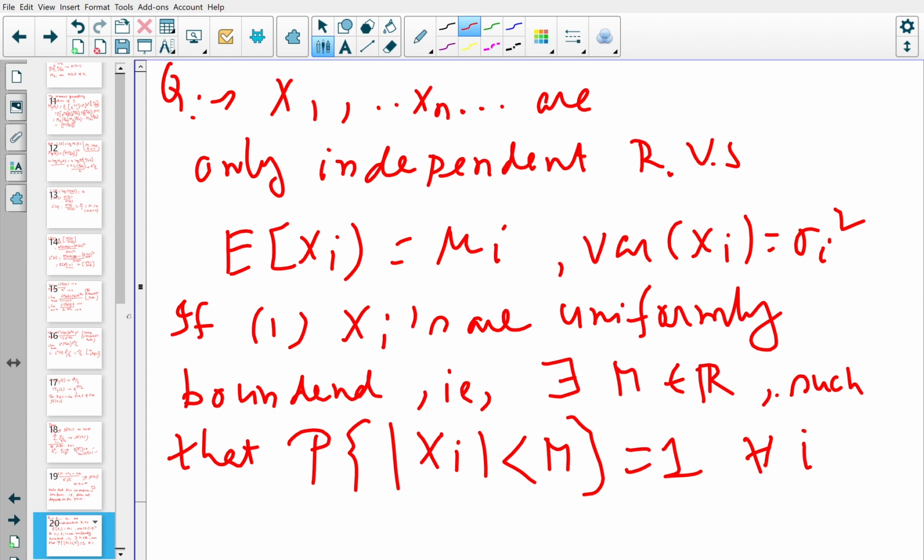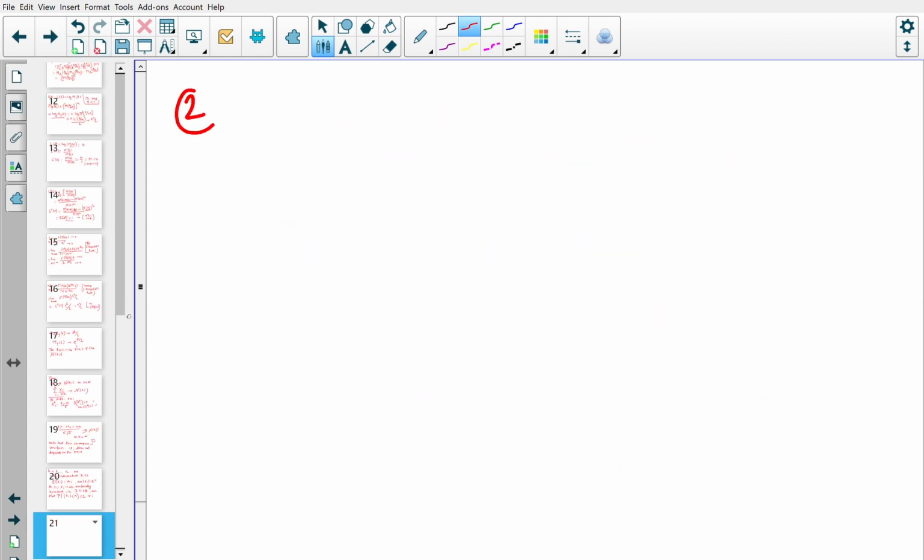This is one property, and the second property, property number 2, is that the sum of the variances sigma_i square is infinite.